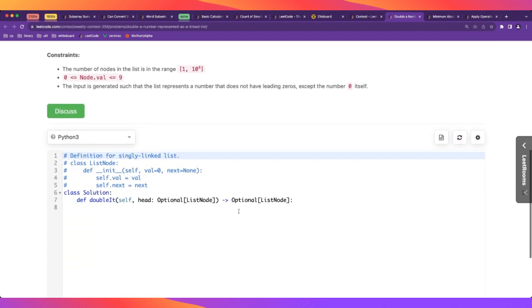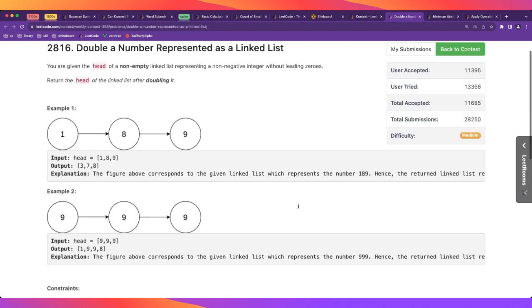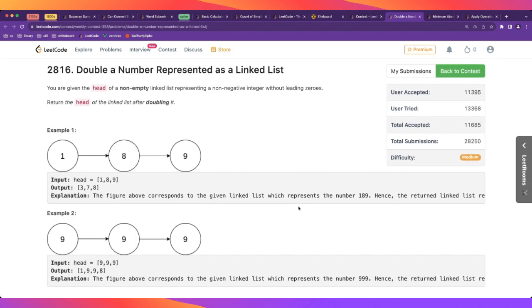So this problem is in some way about representation. We want to change the representation of the number as a linked list of digits into an int in Python. Then we double it and then we convert it back into the linked list representation.